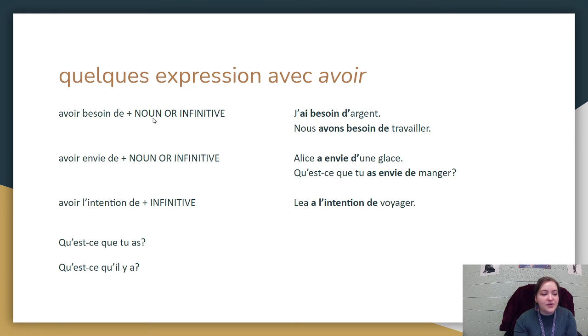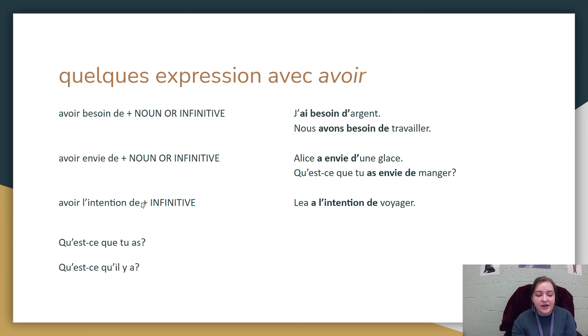So, avoir besoin de is to need. Avoir envie de is to want. Kind of looks like the word envy, right? To want something, to be envious. It's a connection there. And then last of these, avoir l'intention de plus an infinitive. This means exactly what it looks like, to have the intention of, or to intend to, right?